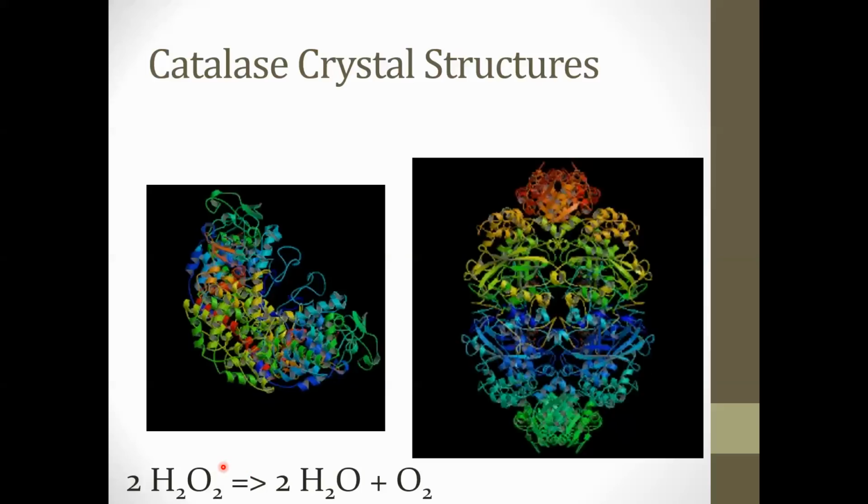So we're breaking H2O2 down. So a catabolic reaction, an exergonic reaction, and we're yielding two water molecules and molecular oxygen. And one catalase enzyme can break down millions of peroxide molecules every second. It's a very active enzyme and very, very important for life.